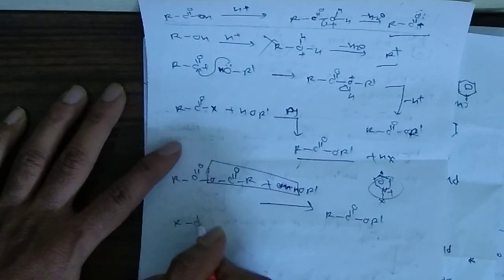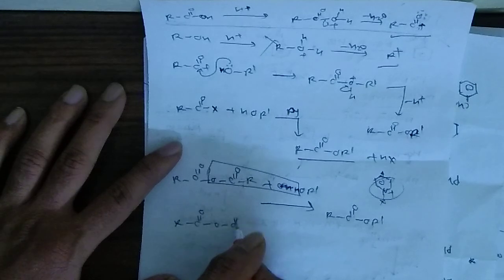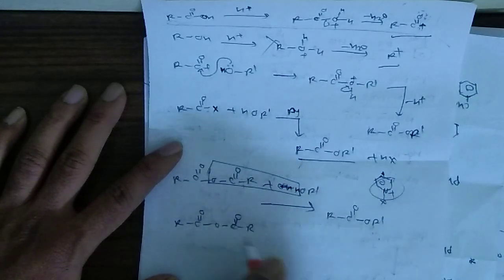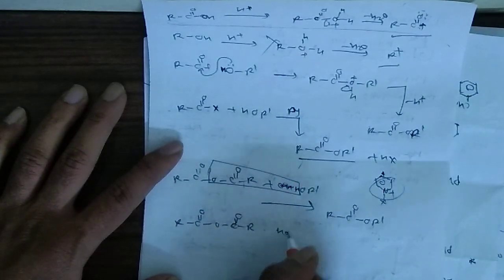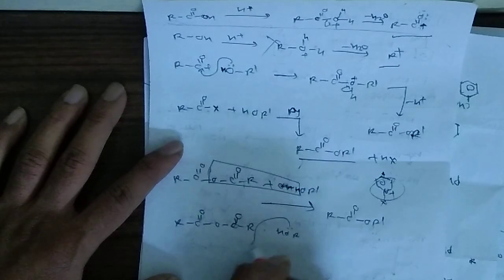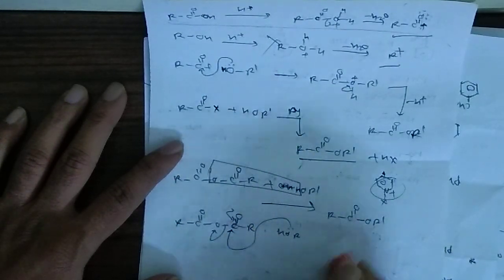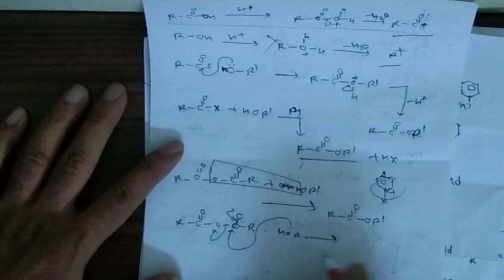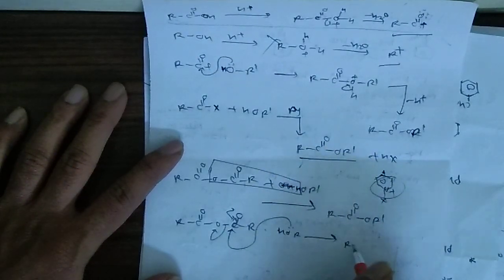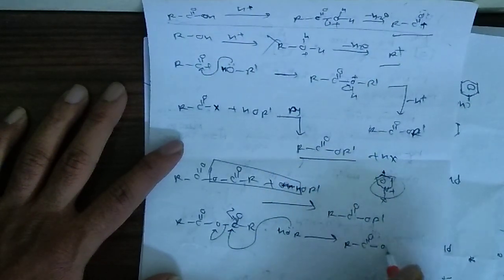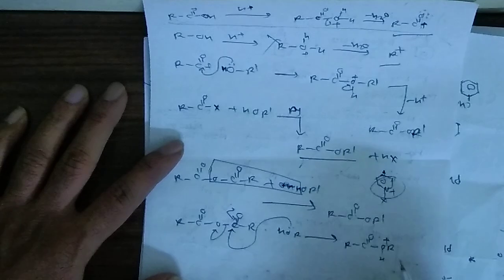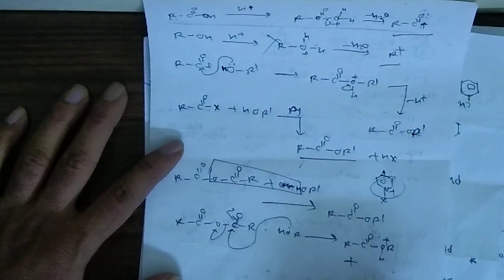Let's say I am writing here the anhydride. Both carbons are similar, therefore the alcohol can attack either carbon. I am attacking here, so this bond will open and come back, and this bond will go back. So what will form is R C double bond O R' with H positive charge on that oxygen, plus the second one, R C double bond O minus.